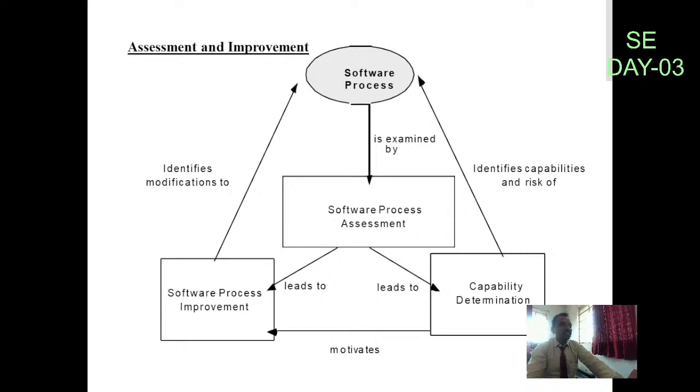How the software process is examined by software process assessment, how it leads to software process improvement, how it leads to capability determination, and finally how capability determination motivates SPI, the software process improvements, which identify what modifications will be made to the software process.